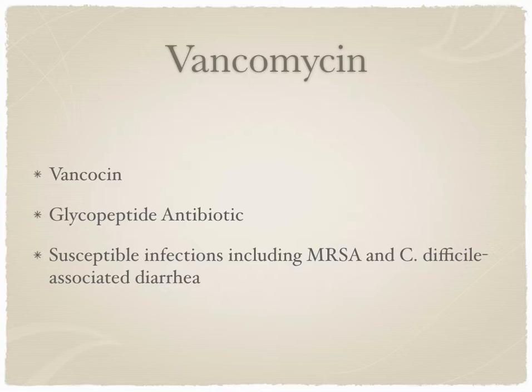So when we are suspecting MRSA infection, we usually use vancomycin given intravenously. When it's given by mouth or orally, it does not get absorbed into the system, so it is used to treat C. diff diarrhea. So remember, infections with MRSA should be given intravenously, and to treat C. diff diarrhea, it should be given by mouth.